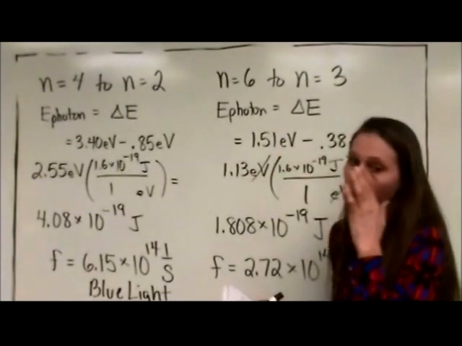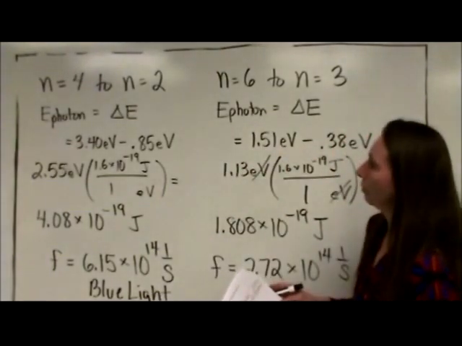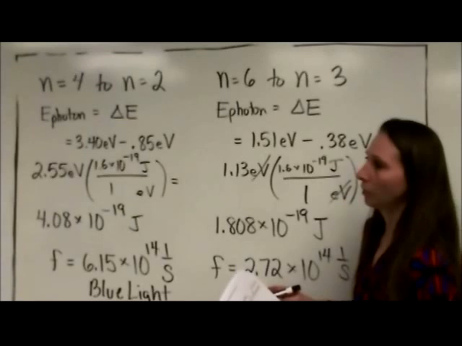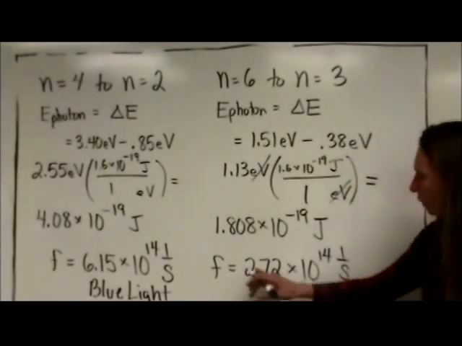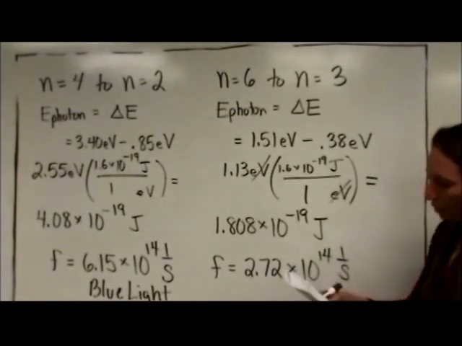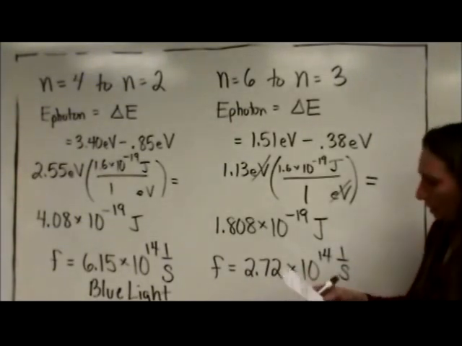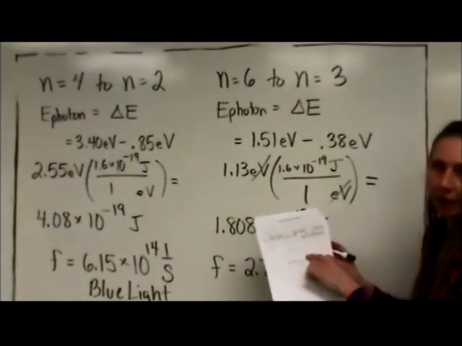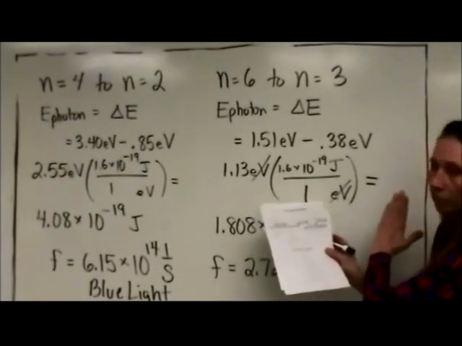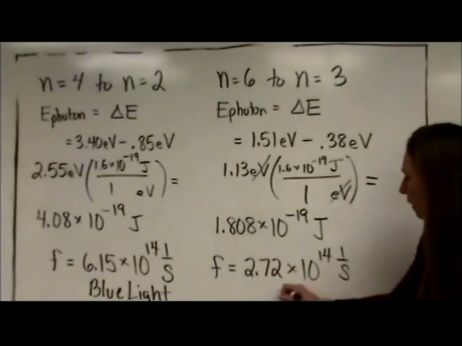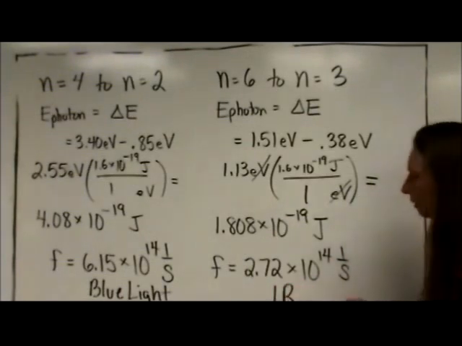And again, we went from 4 to 2. This one, 2.7 times 10 to the 14th, is less than red light. It's a lower frequency than red light, so it's over to the right. It's going to be infrared light.